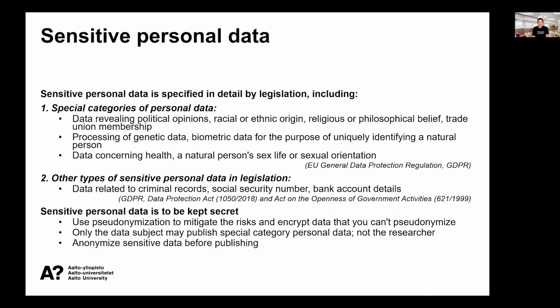So there might be cases where you have this conflict that you should publish some of the personal data, but it might really be something sensitive. So plan for that in advance, and talk with the legal services so that you can have a workaround which is safe, secure, and legal for everyone.